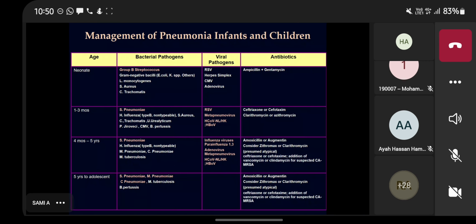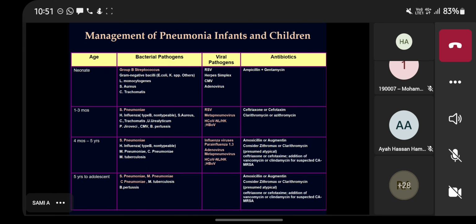The management of pneumonia, as I mentioned, depends on the age of the patient. This will give us some idea about what type of bacteria is possible, and we use empiric antibiotics. Now, if you look in the literature, there is various literature about which empiric antibiotic to use. However, generally speaking, if the child does not look that sick, you can use just amoxicillin as an outpatient.